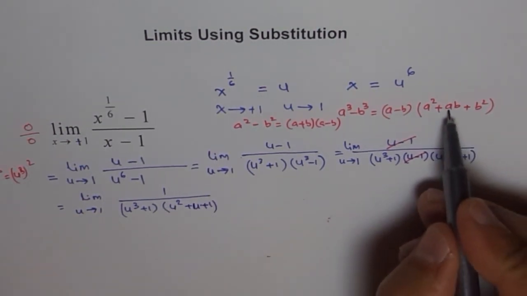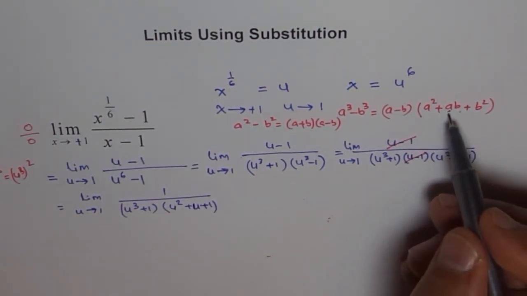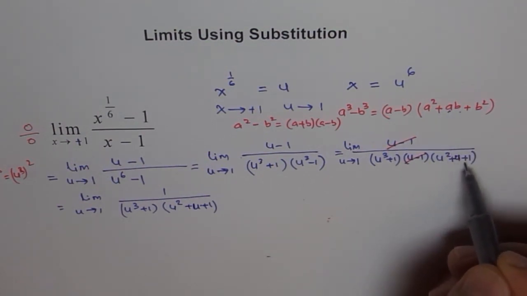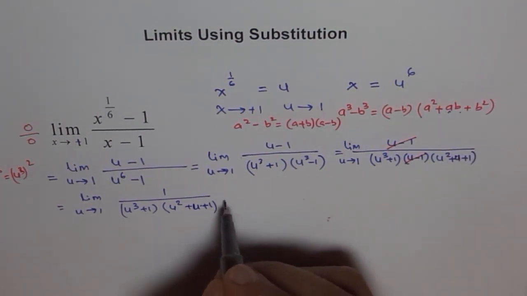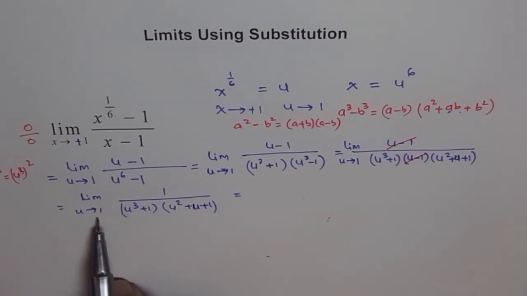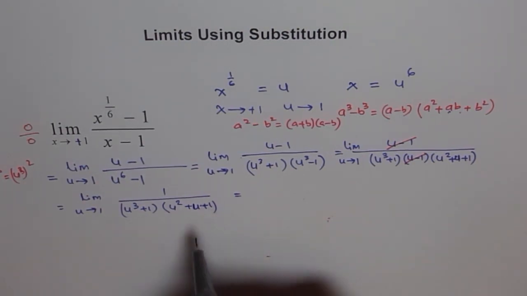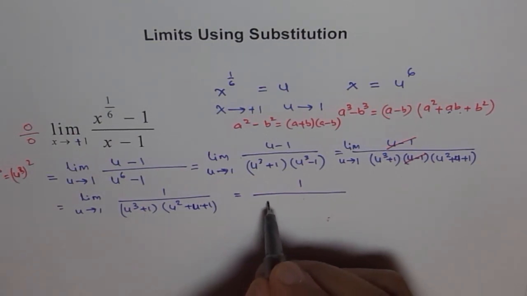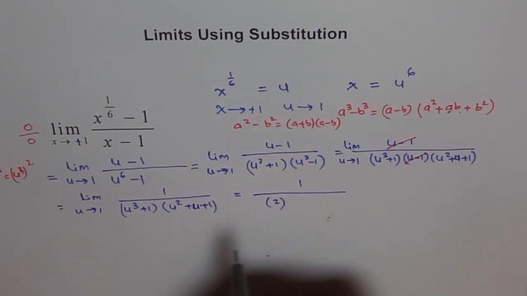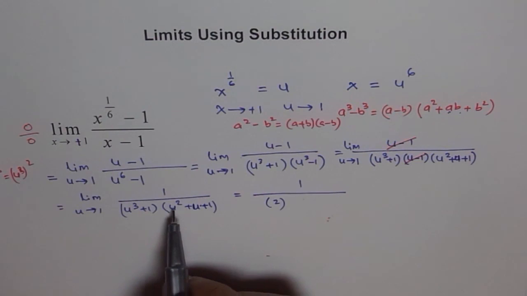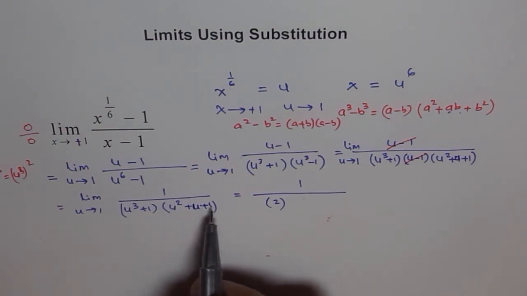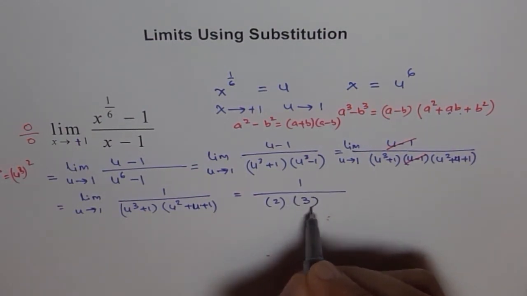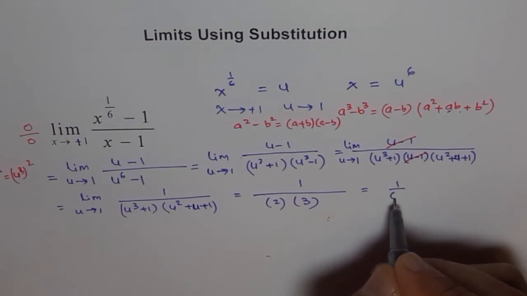A times b, so a is u and b is 1, so u square plus u plus 1. Okay, now we can substitute u as 1. So if I do that, I get 1 over 1 plus 1, which is 2, right? And here I get 1 square is 1, so 1 plus 1 plus 1, which is 3, correct? So I get 1 over 6.